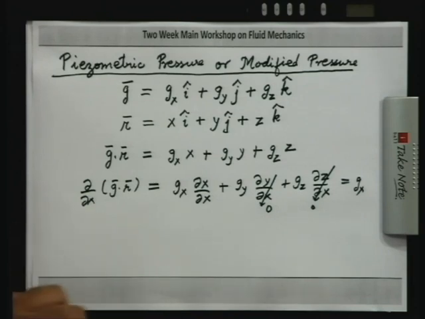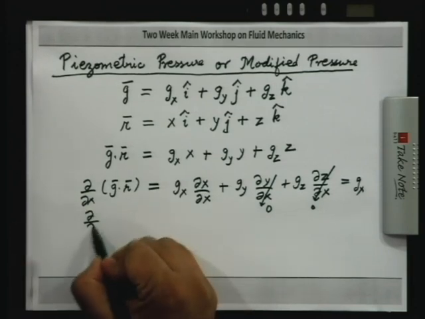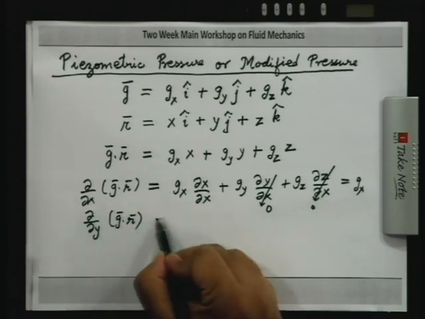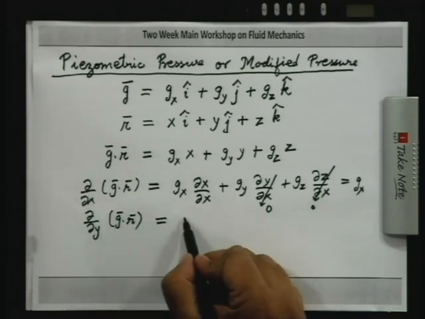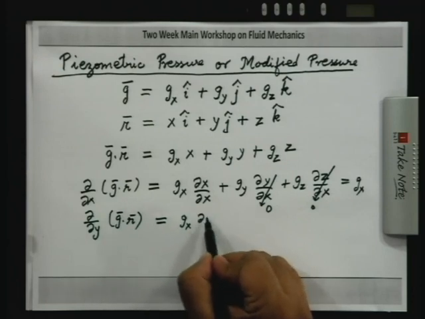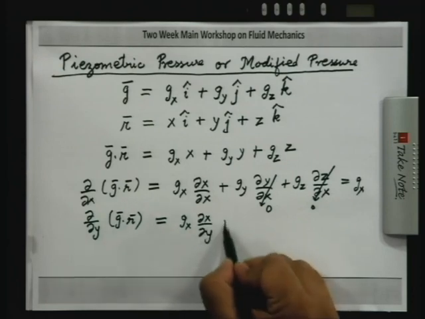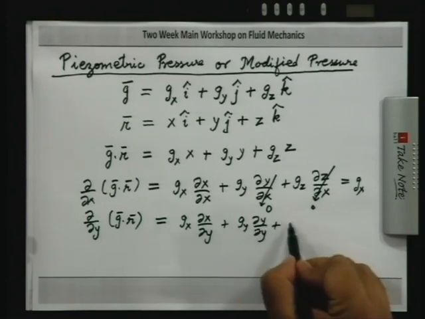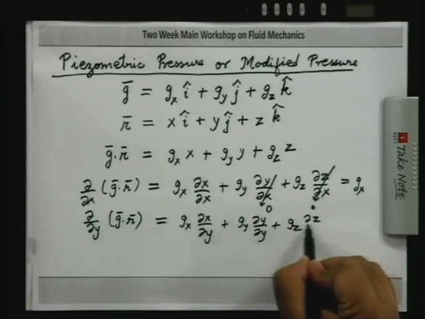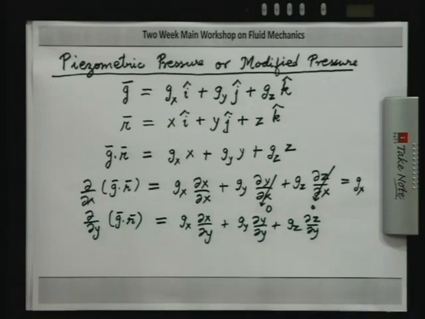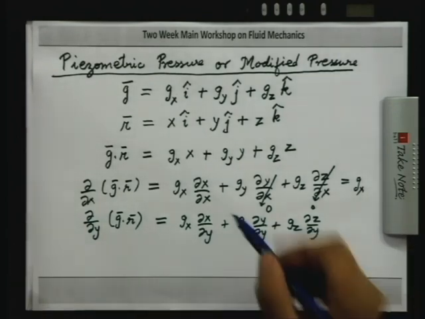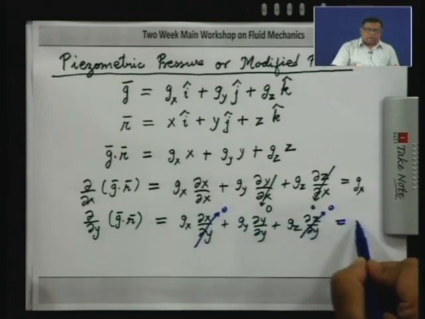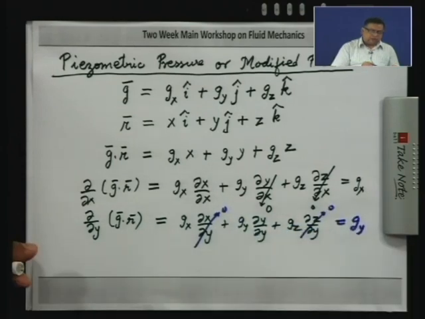Now, similarly, if you look at del y of g dot r, you are going to have g x del x/del y plus g y del y/del y plus g z del z/del y. Now, once again two terms are 0 and this is going to be equal to simply g y.